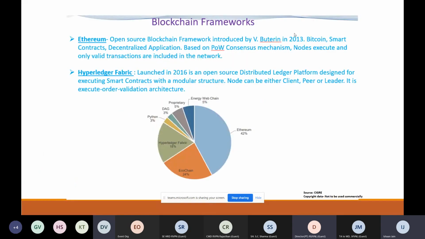These are the two blockchain frameworks we are using. One is Ethereum and the second is Hyperledger Fabric. Most of the blockchain frameworks utilized in the power sector are Ethereum basically. Ethereum is also a currency, but this is a platform which doesn't have any integration or attachment with this currency.